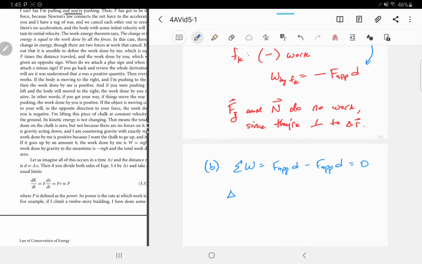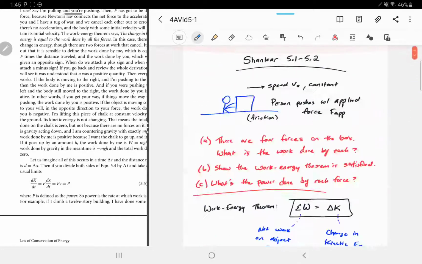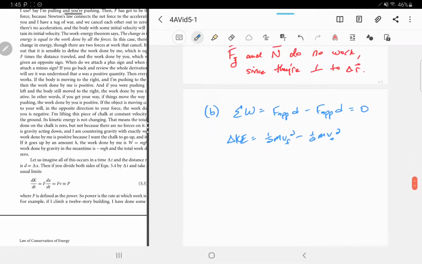The change in kinetic energy is 1/2 m v final squared minus 1/2 m v initial squared. And we're told that the speed is constant. So if the speed is constant, the final speed is equal to the initial speed, and that's equal to 0. So the sum of the works is equal to the change in kinetic energy.